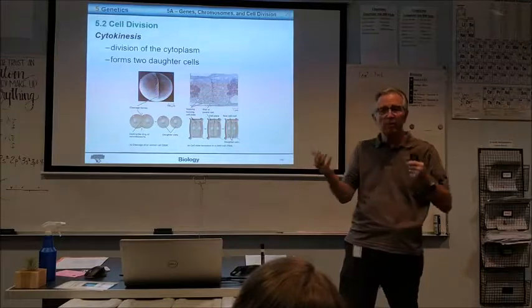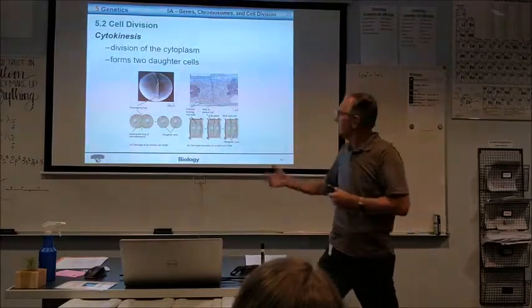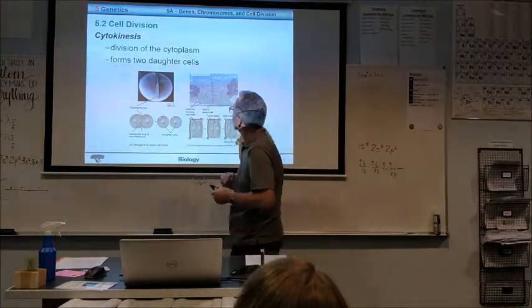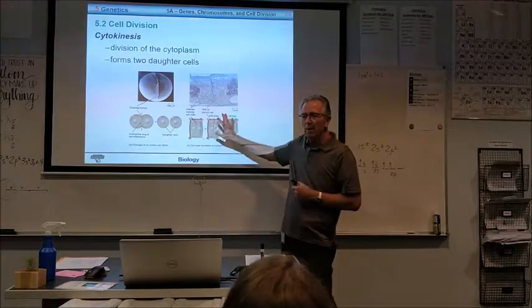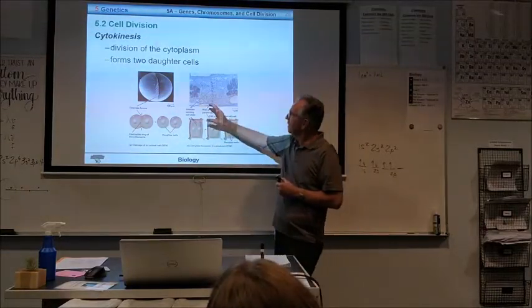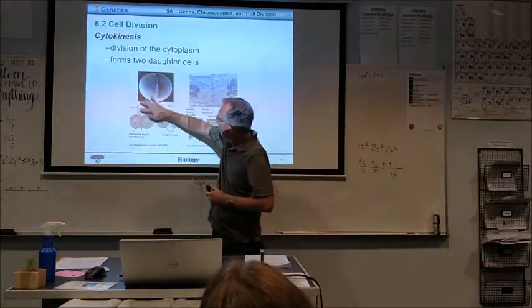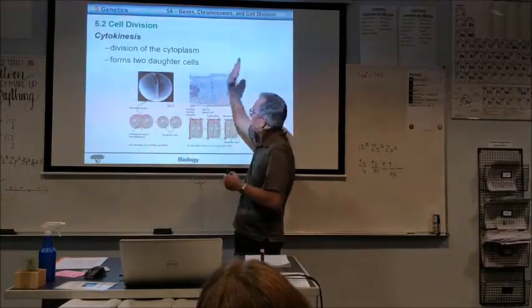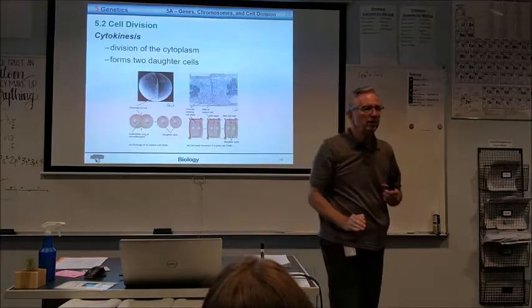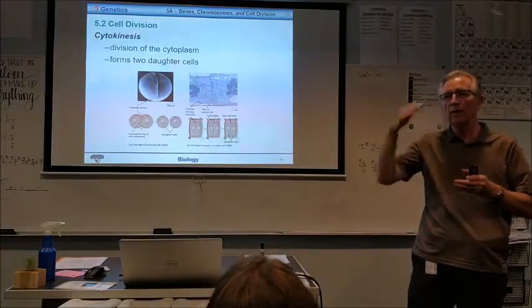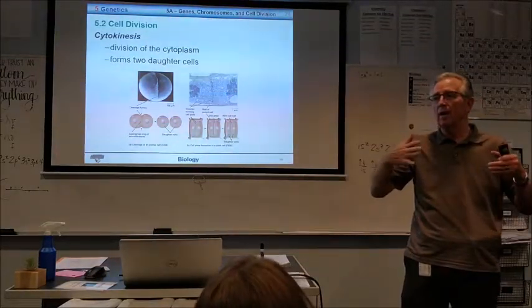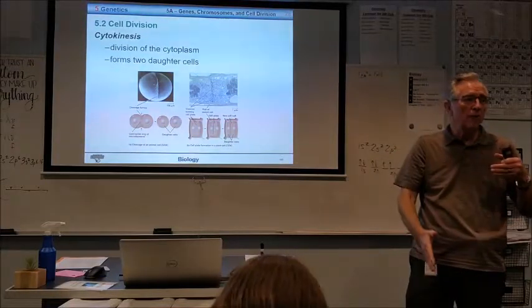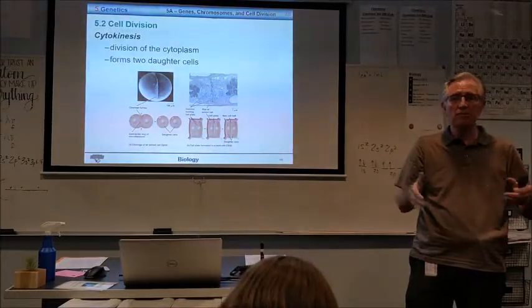The cell we started with was the mother cell, and we'll end up with two daughter cells. If this is a plant cell, instead of cleaving and having what we call a cleavage furrow, this indentation around it, it'll actually grow a wall in between. And now we'll have two separate cells, and a wall divides the two into two separate cells.